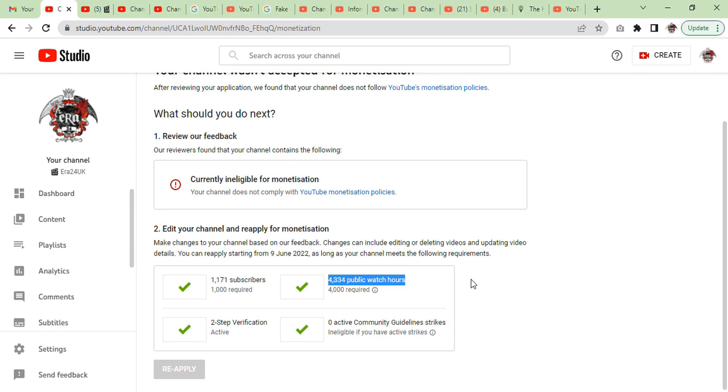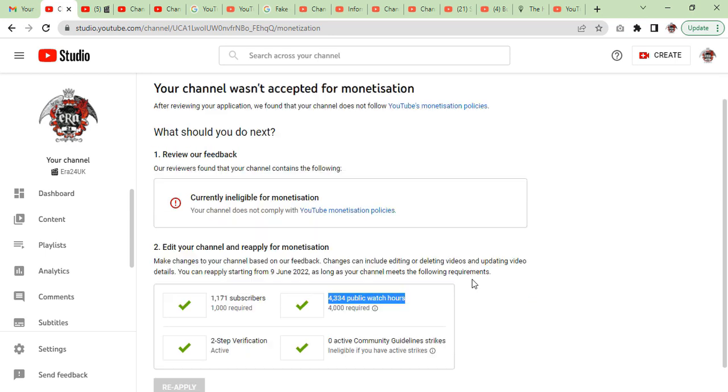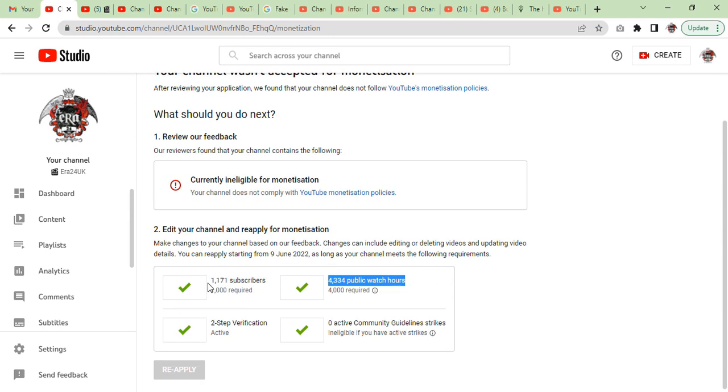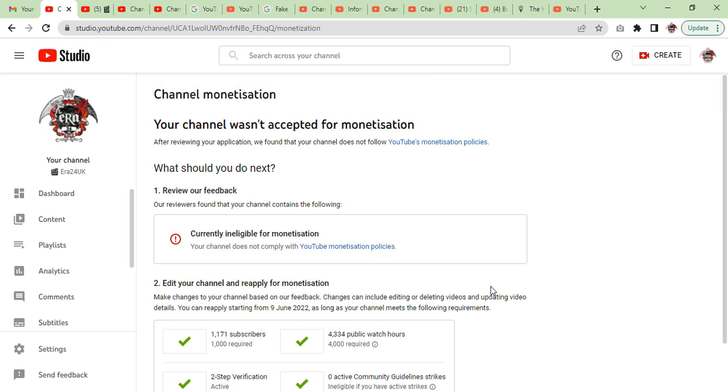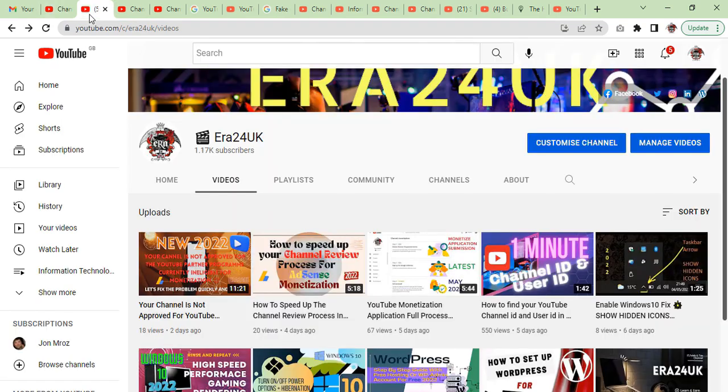All four ticks are green, and the date you can reapply is 9th of June 2022. Before that you cannot apply, or you have to have all the required amounts showing as below.